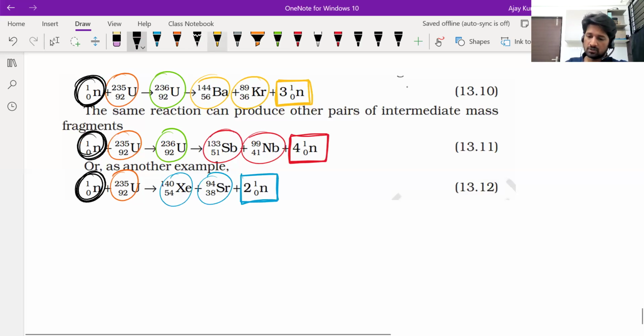And these new neutrons which are produced in the reaction can further go and collide with other uranium 235 nuclei and keep the reaction happening. So they can participate in a chain reaction. To initiate any of these reactions, we need a neutron. Suppose you give one neutron.